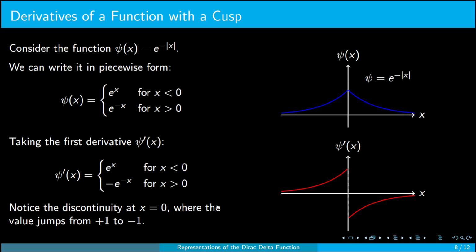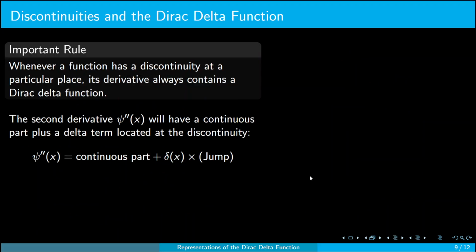So where is the discontinuity? In psi dash x. So our Dirac delta function will be in the second derivative of this psi, because the discontinuity is in this function. So the second derivative, psi double dash x, will have a continuous part plus a delta term located at the discontinuity.